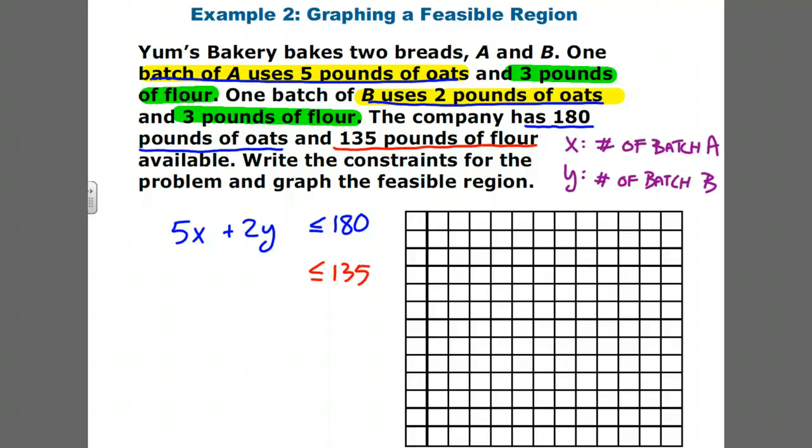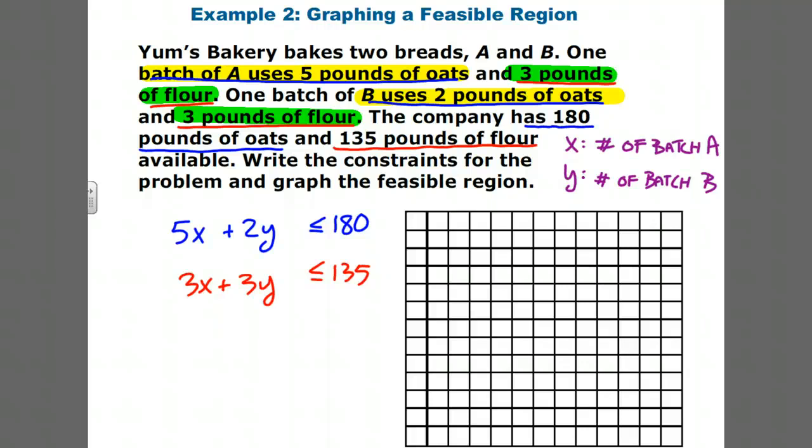And same idea for flour here. For flour, we use 3 pounds of flour for batch A and 3 pounds of flour for batch B. So 3x plus 3y has to be less than or equal to 135. There are no other constraints that I see here except for 2 obvious ones.